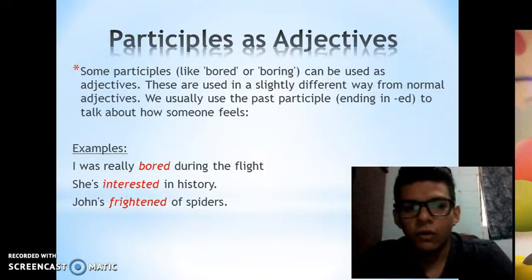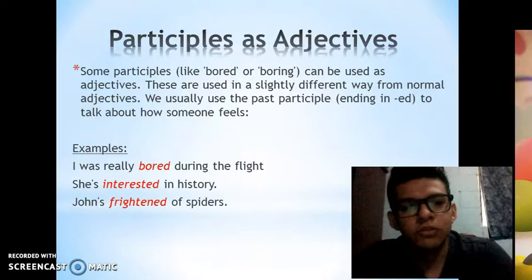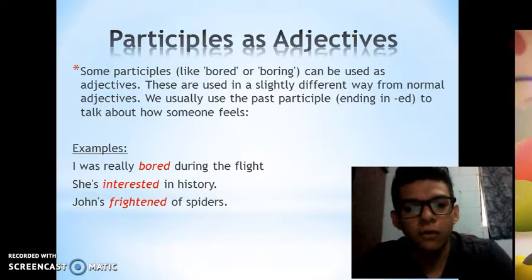Now let's go over the past participle as adjective. Let's see this point. It says some participles like bored or boring, those are verbs, can be used as adjectives. These are used in a slightly different way from normal adjectives.